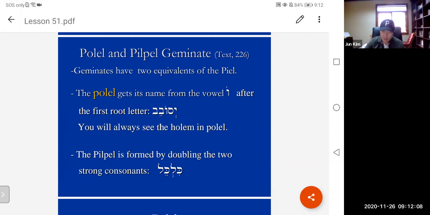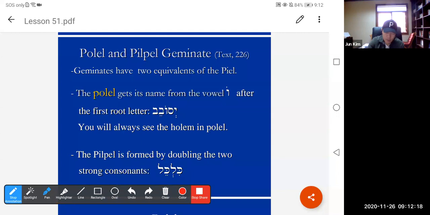Now, the polel gets its name from the vowel o placed after the first two letters. That's why it takes an o sound and then an a sound. It's polel, but don't panic. You can treat it as a piel stem, which just intensifies the meaning.